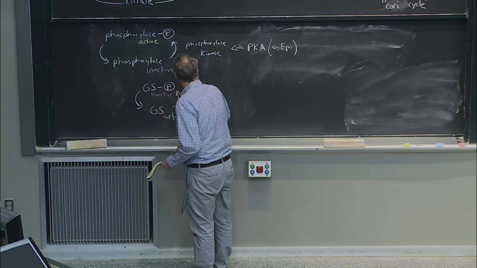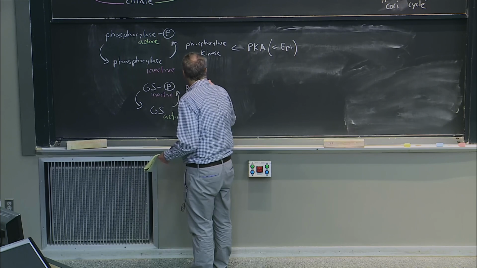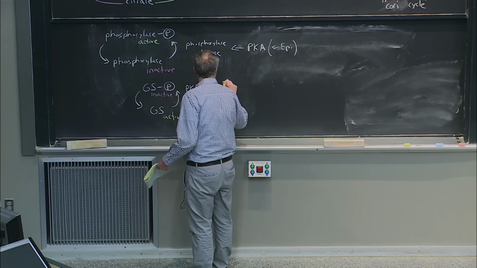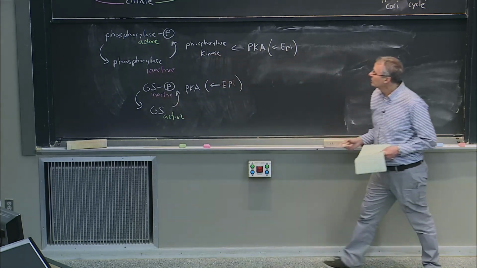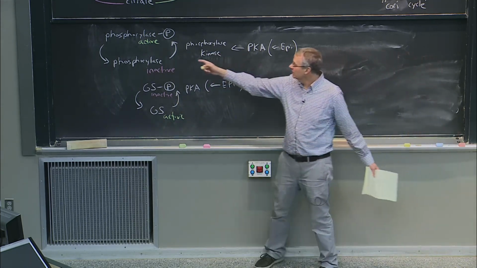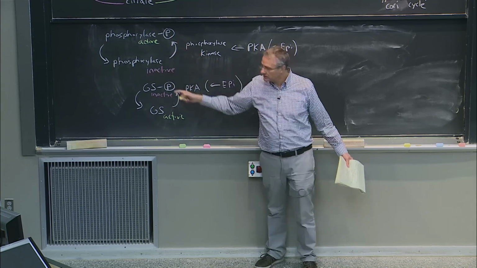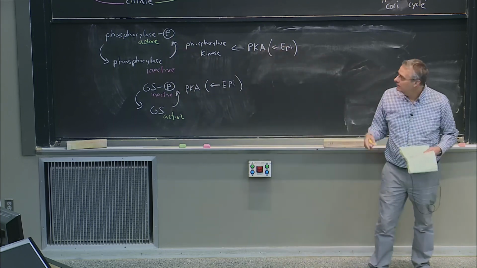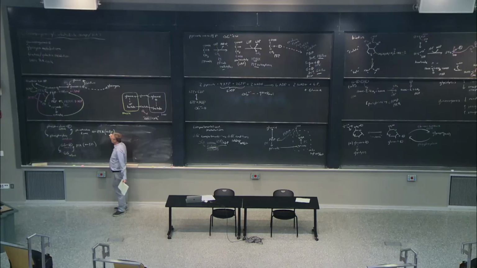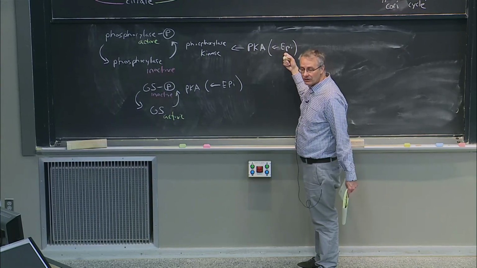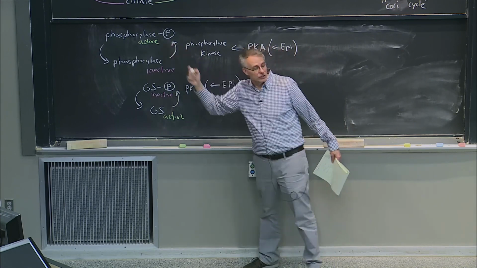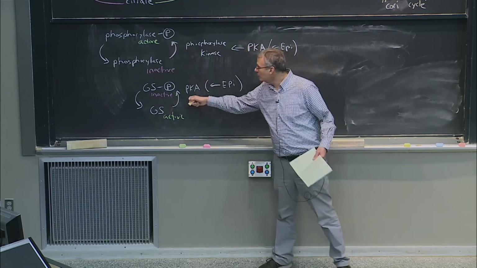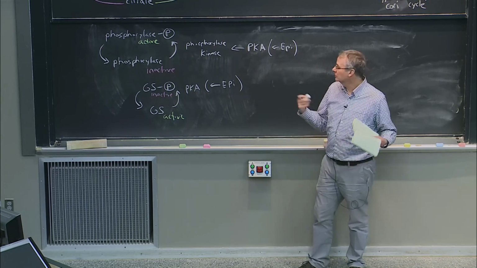And so protein kinase A, which is downstream of epinephrine, can activate phosphorylation of both phosphorylase and glycogen synthase, and that makes sense. You want to release glucose monomers from glycogen. You turn on by phosphorylation the pathway to release them, and you turn off the pathway to store them.